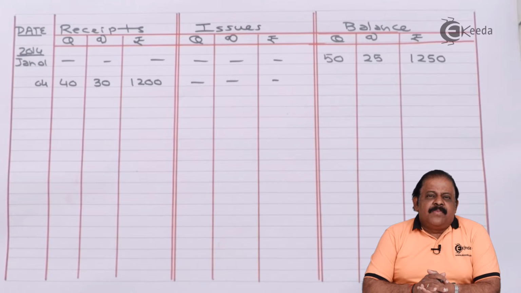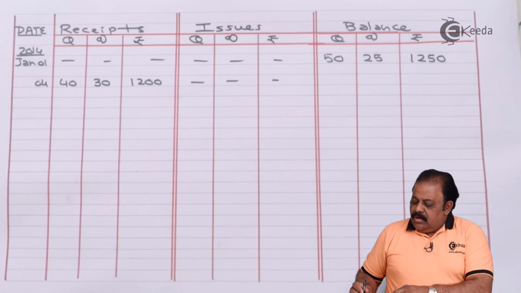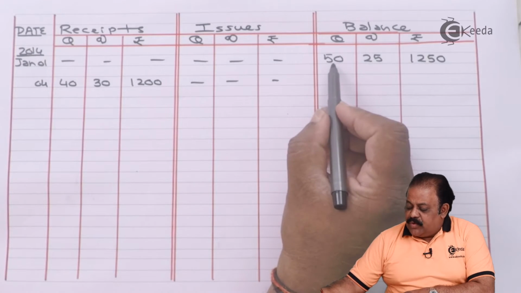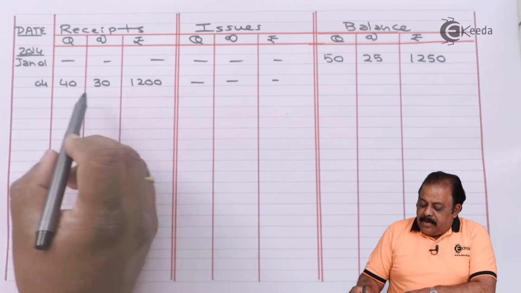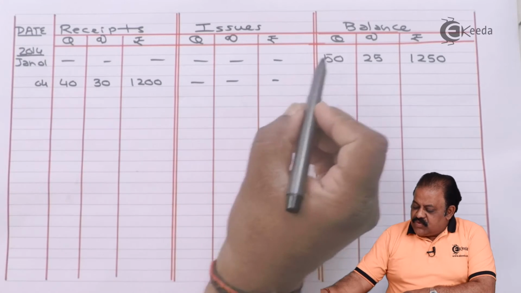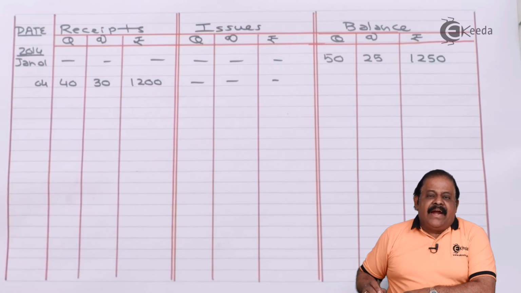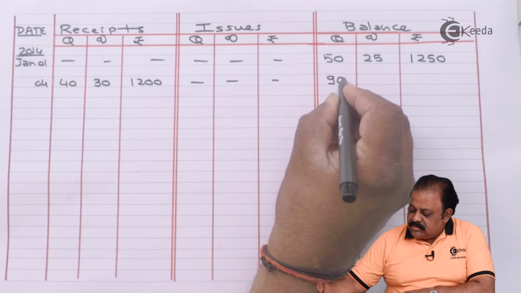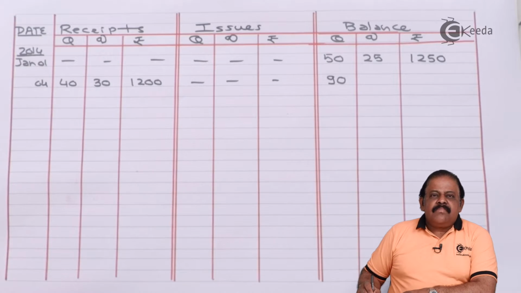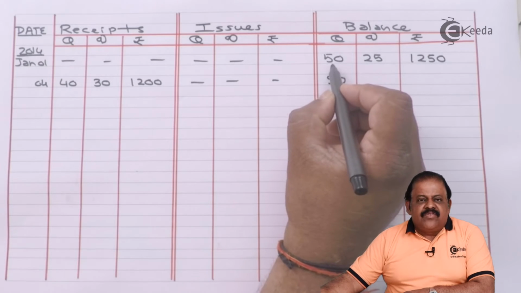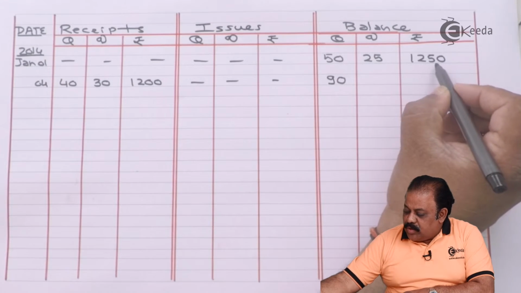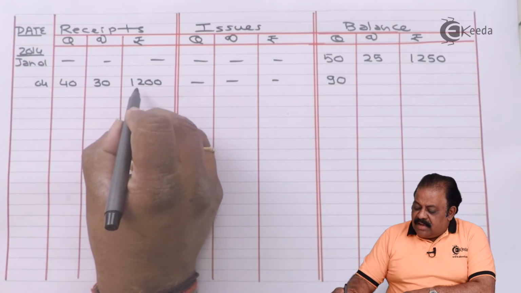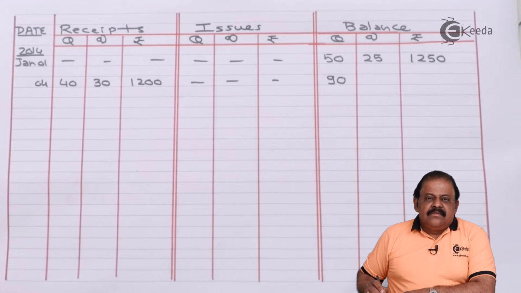Now how does weighted average basis work? We have the existing opening balance of 50 units. Fresh we have purchased 40 units. These 50 and 40 units will be added. So total units are now 90 units. 50 units have a total value of 1250. The fresh stock which we have purchased has a value of 1200.